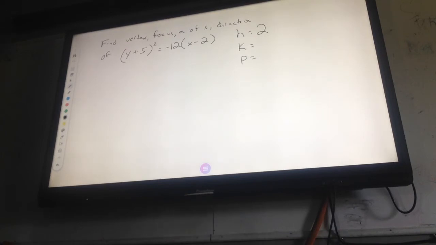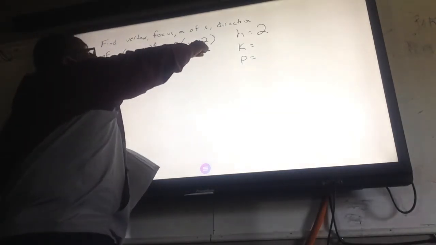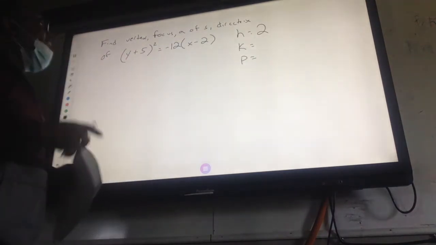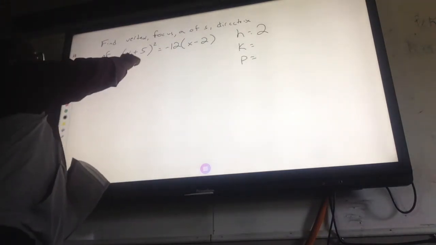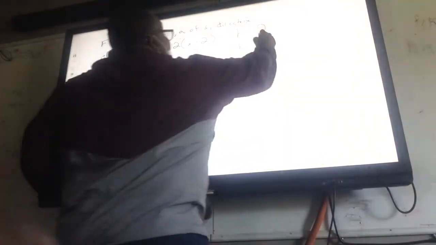It tells you that y minus k squared is equal to 4p times x minus h. So h is in that second parentheses, and if it's negative in here, it comes out as a positive. So k is in this parentheses. K is a positive, so it's actually a negative. So it's -5.